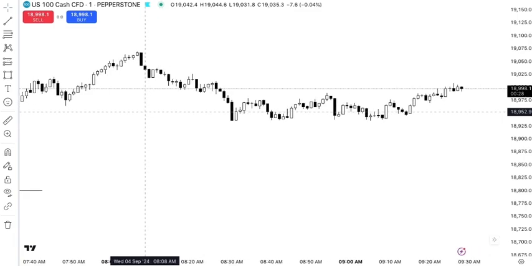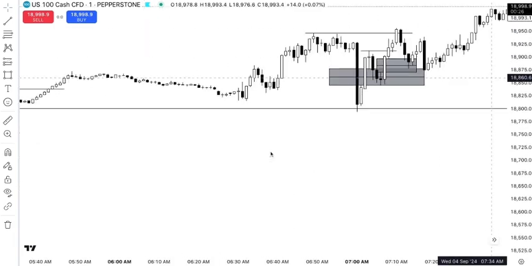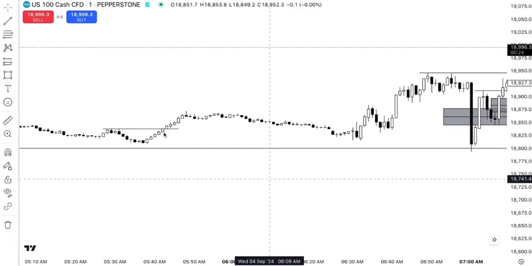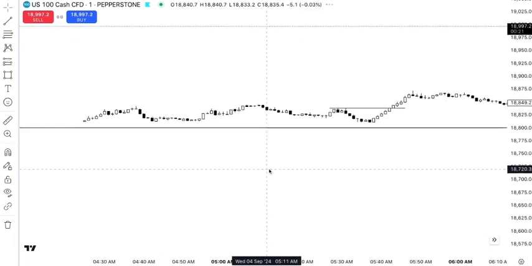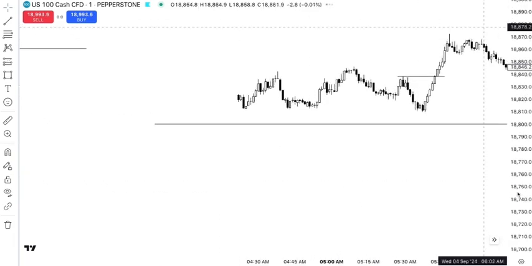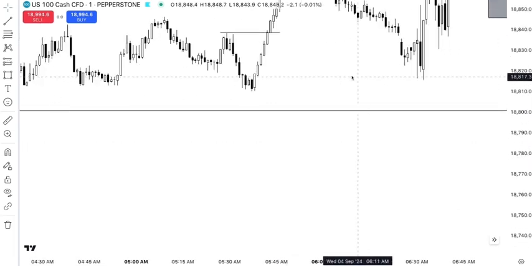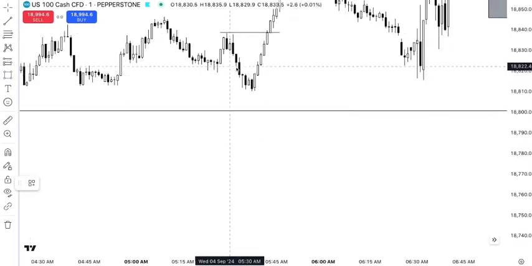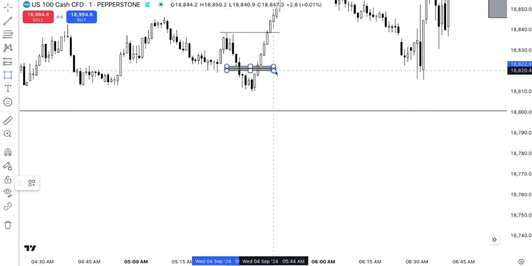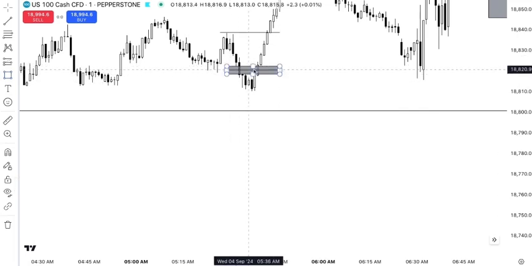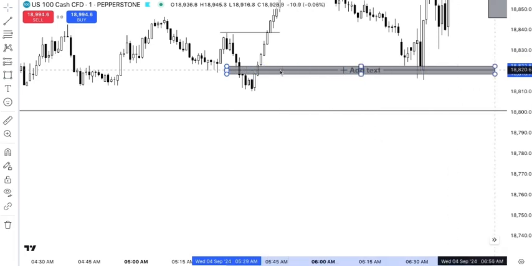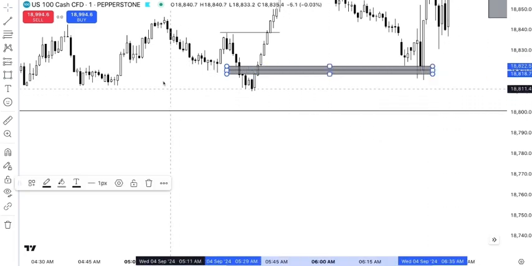Let's see if we can find some more. You might be able to find, let's say, right here, how that lines up right there. That's a BPR. Price comes into it, goes back out.